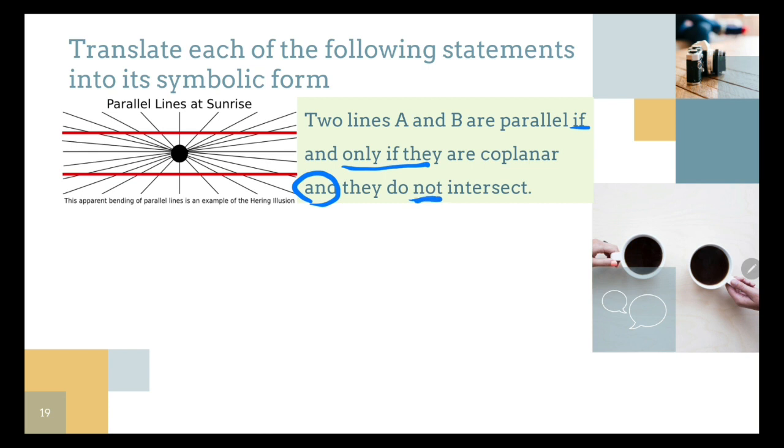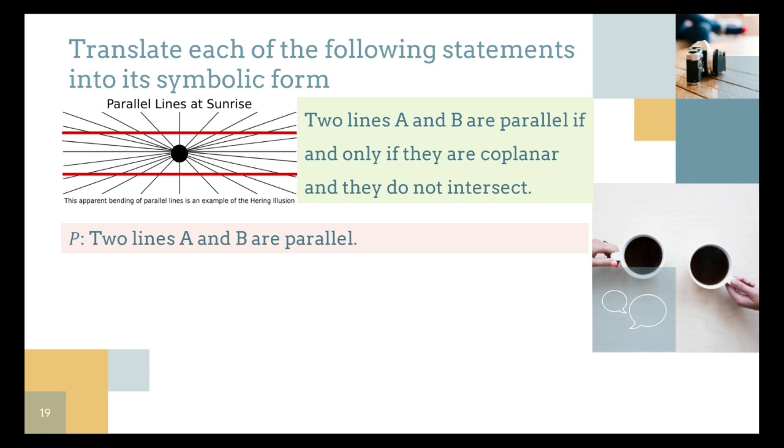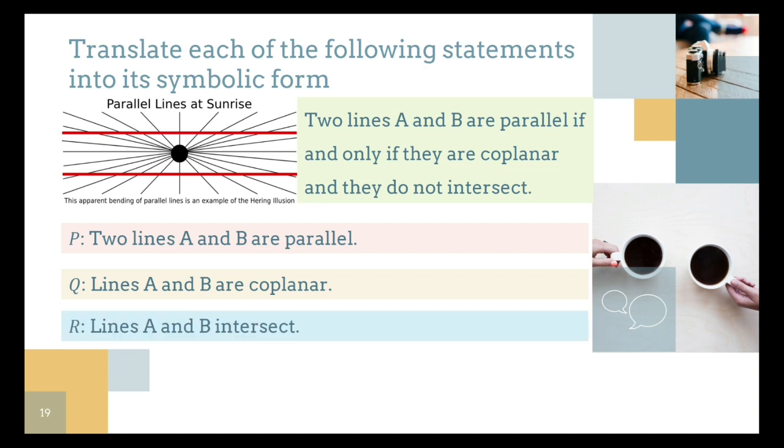So we have here 3 statements. Start with P: two lines A and B are parallel. Q: lines A and B are coplanar. And R: lines A and B intersect.